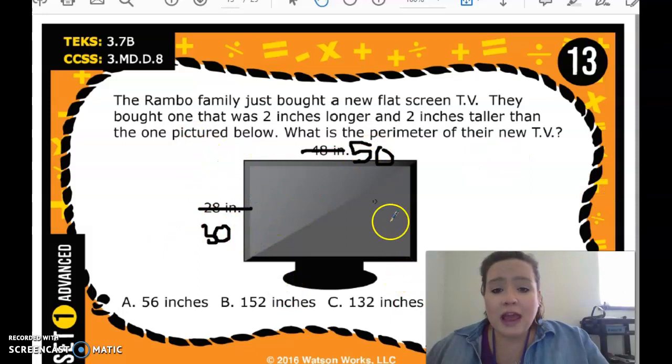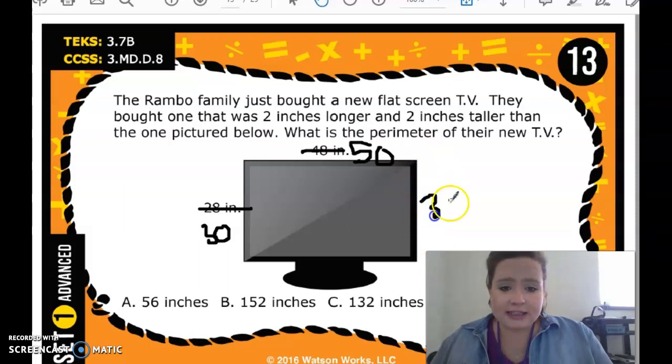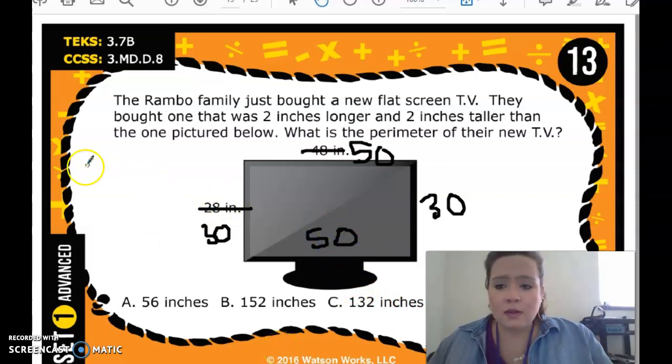Okay? So now, what is this side going to be? Good. This side is going to be 30 inches. And what is this side going to be? Good. 50 inches. And remember, to find perimeter, what do we do? Awesome. We add up all of the sides.